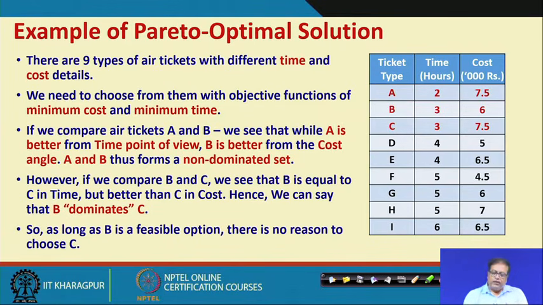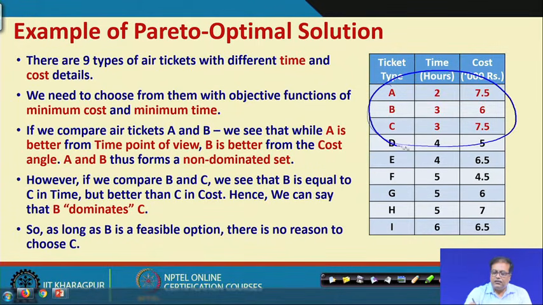For example, if you go by the ticket type A, then it will take 2 hours to travel, but cost will be 7,500 rupees. Is that all right? And our objective function is to minimize cost and minimize time, both at the same time. So, let us take 3 solutions, all are feasible. Let us call them A, B and C, right.